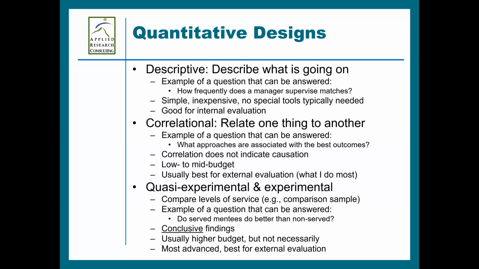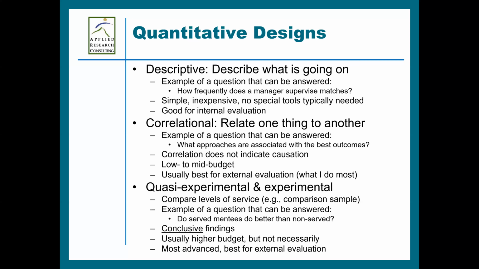For quasi-experimental and experimental evaluations, you're going to have somebody come in and help you. You need a ringer for that, but this is the gold standard. When you want to know what are best practices in evaluation, this is best practice. Get a comparison sample or even randomly assign students to different conditions, and often that could be served and not served.